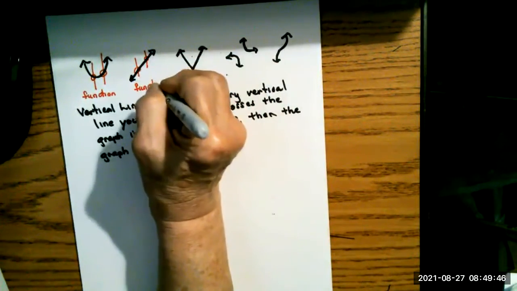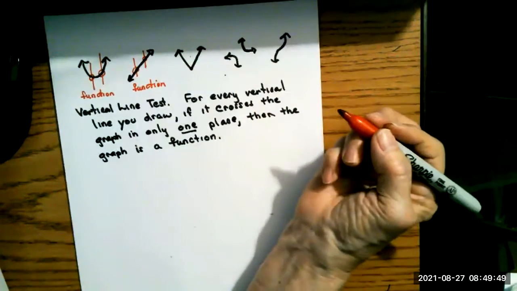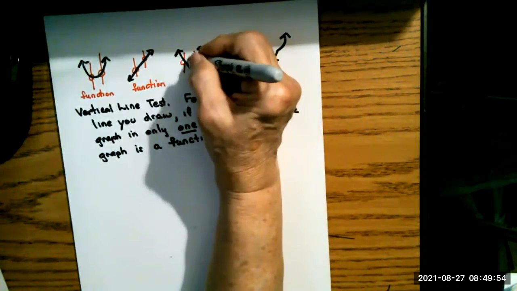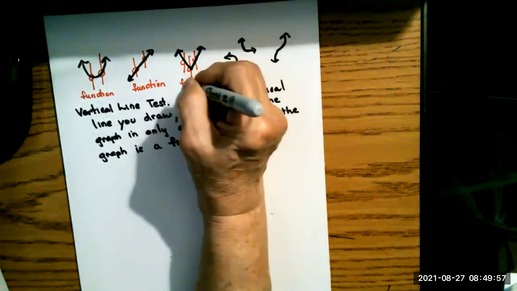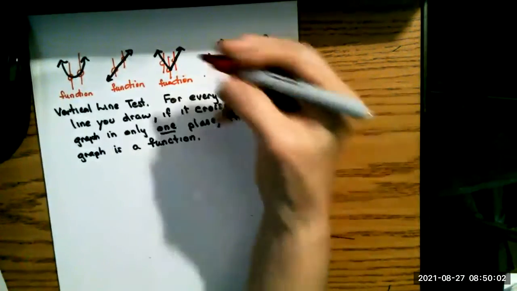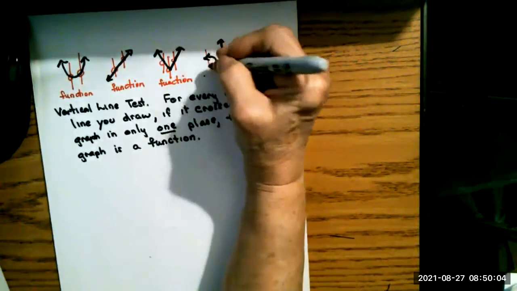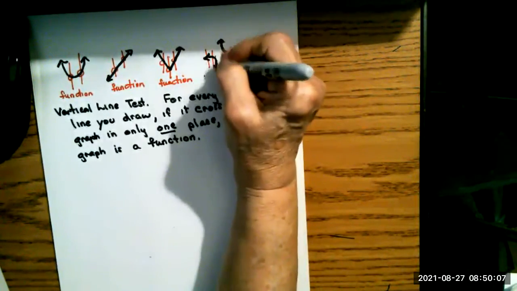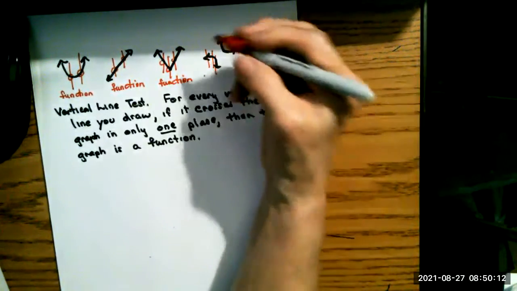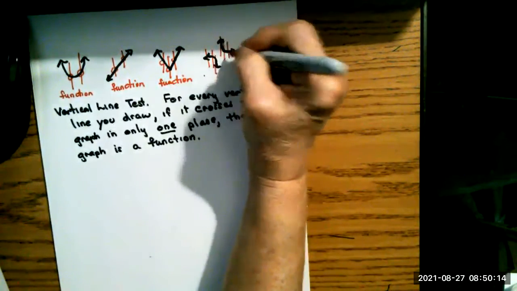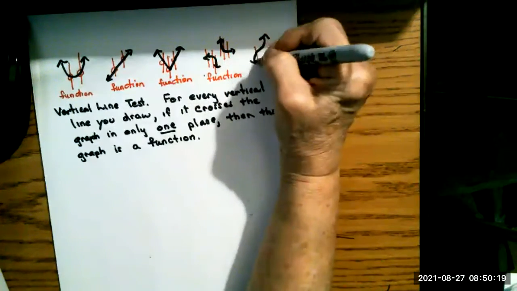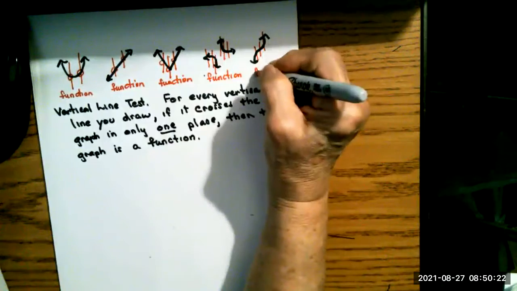It only crosses in one place for every vertical line that I draw. For absolute value, same thing is true. That is a function. That's why these are graphs that we use all the time, because this book is about functions. For this one, it kind of looks like it might cross in more than one place there, but very, very slowly it's moving out. So it does not. So this is a function as well. And our cubic is a function.